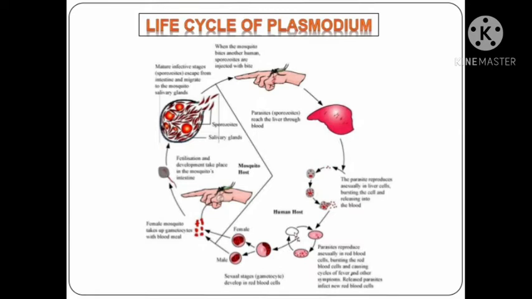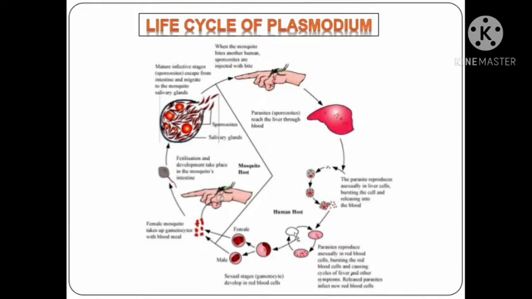In the liver, these undergo asexual reproduction and increase in number. Once their number increases, they burst open the liver cells and the sporozoites are released into the blood, where they now affect the RBCs, the red blood cells.